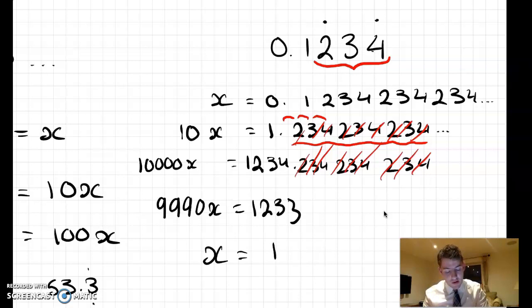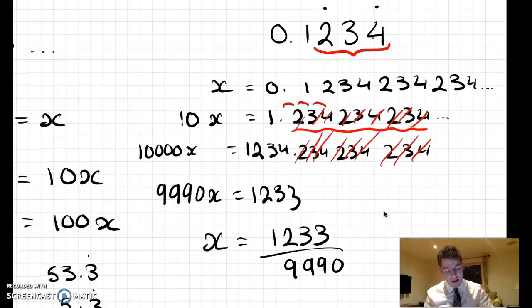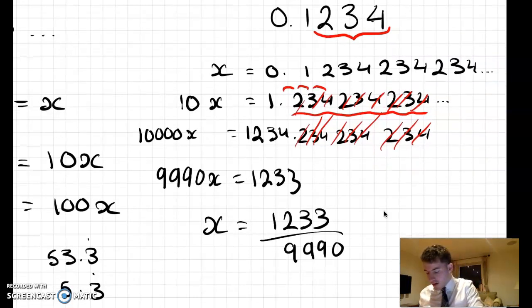Therefore, x equals 1,233 over 9,990. Check that in the calculator, and yeah, it works. And your scientific calculator should automatically simplify that down for you.